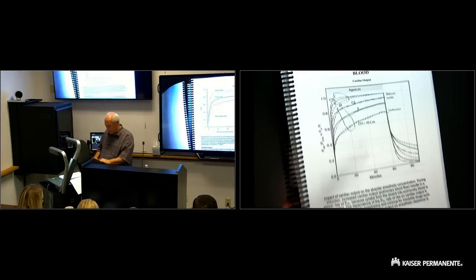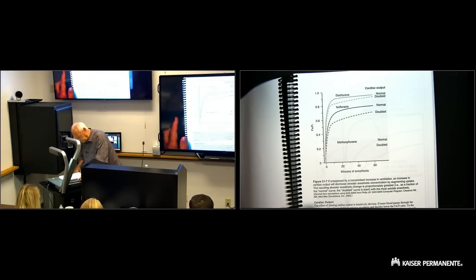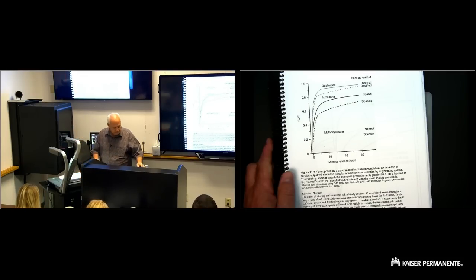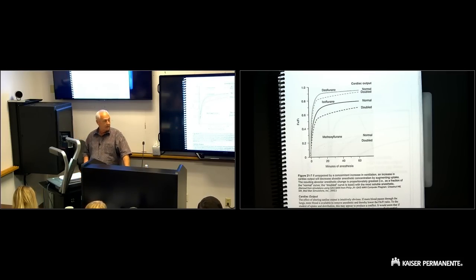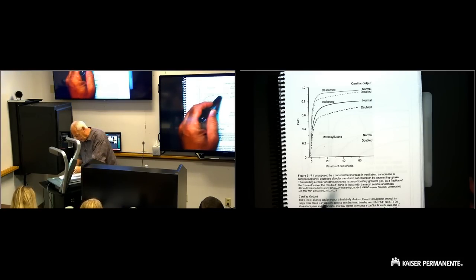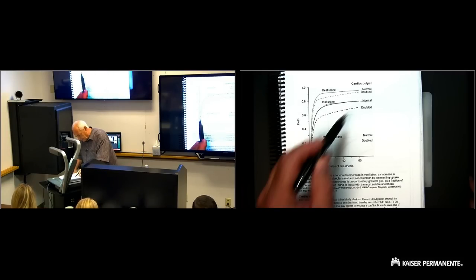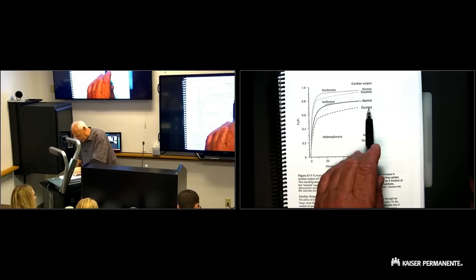Here's another one. Just the same thing, different figure, page 83. Let's take a look. Exactly the same thing. Here's isoflurane. This is the normal uptake, and this is when the cardiac output is doubled. This dashed line, see it goes in more slowly.